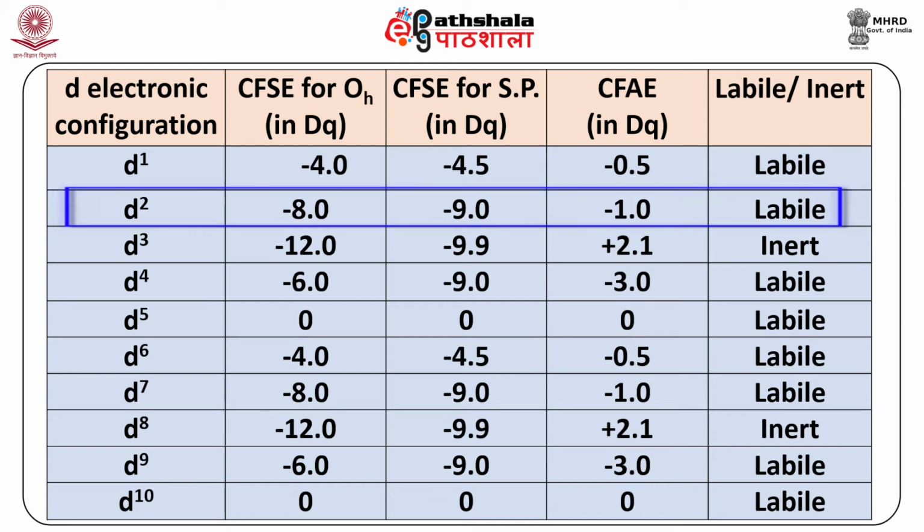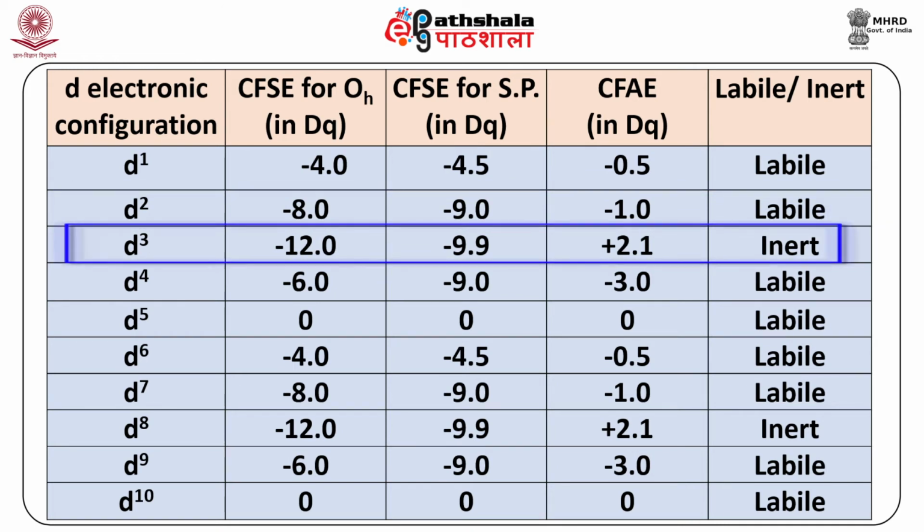Since minus 1 Dq is a negative term, the intermediate is more stable than the reactant, therefore the complex is labile in nature and the product will be easily formed through a dissociative mechanism.